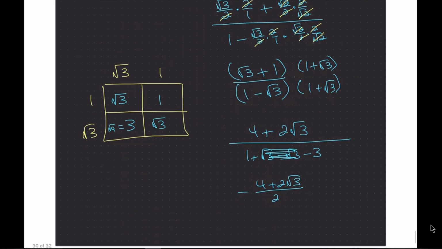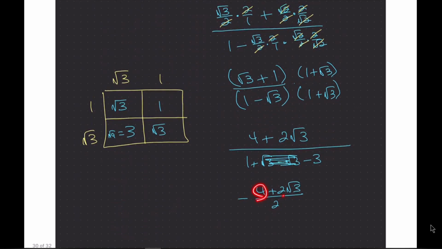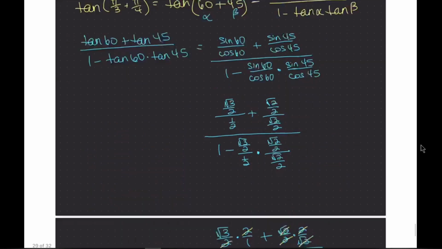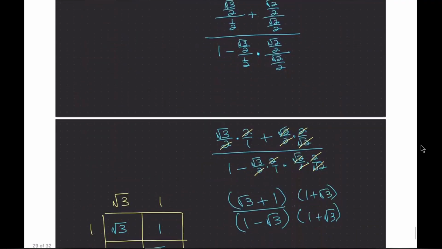Since they are in each one of those terms, we can go ahead and cancel everything by 2. So we're going to have negative 4 over 2 is 2. 2 over 2 is going to give me that positive 1, and then square root of 3. So there's my exact answer for the tangent of pi over 3 plus pi over 4.